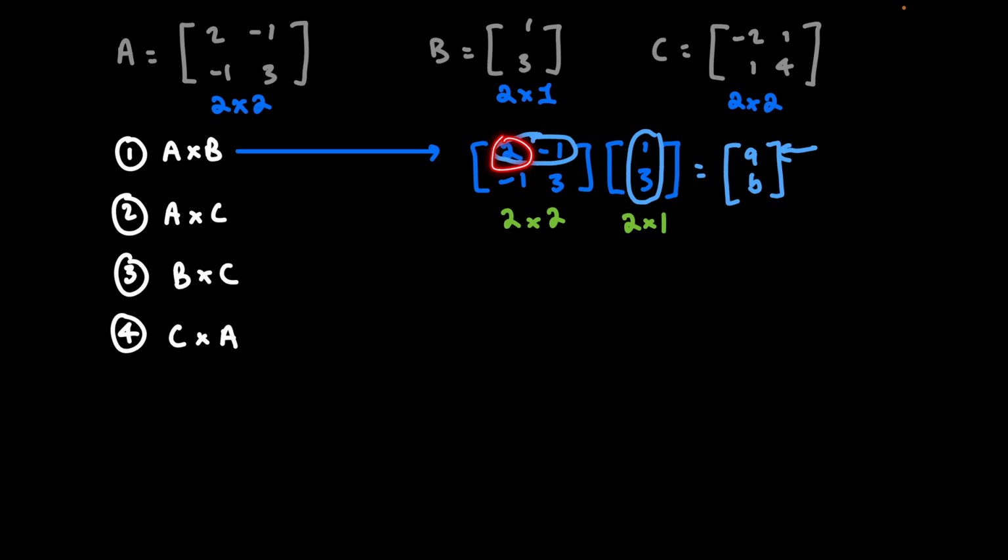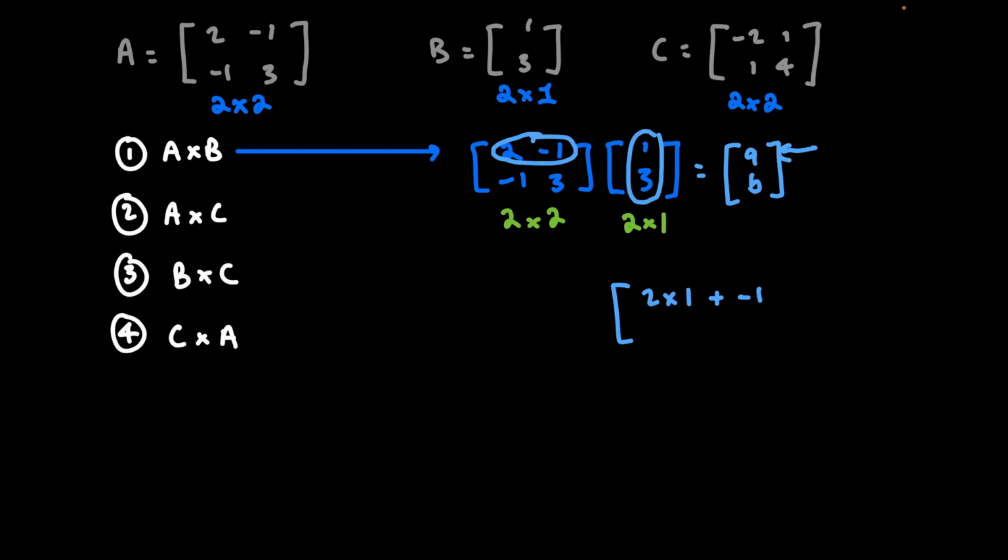So we do 2 times 1 as the first number. Then we add the second terms multiplied with each other. So -1 times 3 will give us -3.